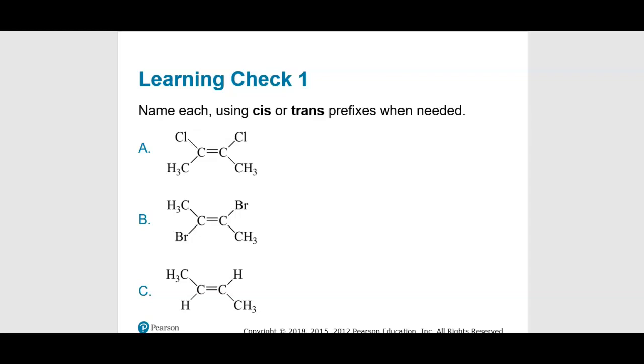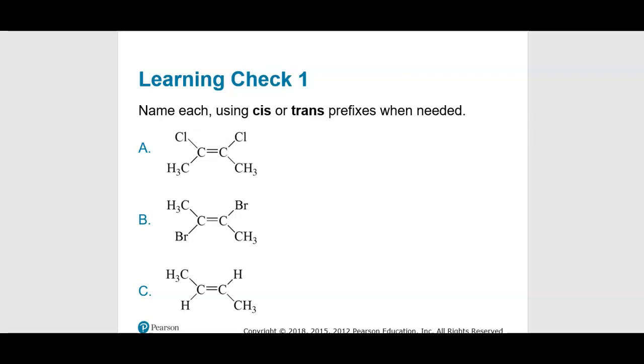Now you have to worry about the substituents. C is no problem. There's no substituents. It's all hydrocarbon. But A has 2 chlorines. So how are you going to call that? It's going to be a dichloro-2-butene. B is going to be a dibromo-2-butene. C is just going to be a 2-butene. All right. Now the similar groups. Each of the double-bonded carbon atoms has a chlorine and a methyl group on it.